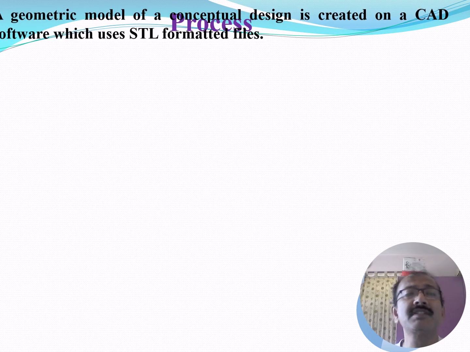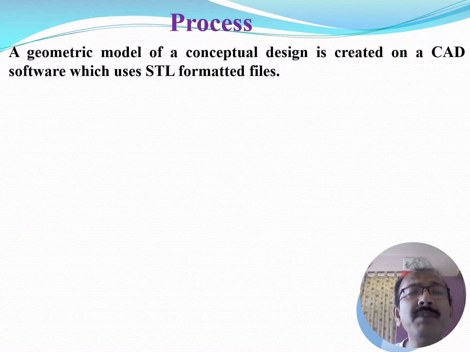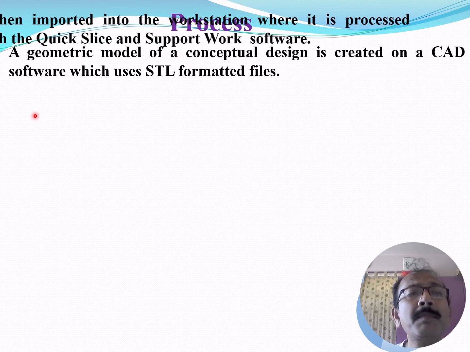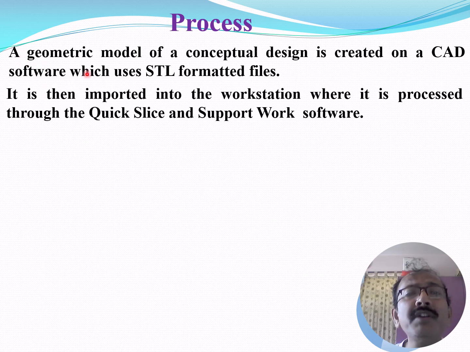Now what is the process? Now I am explaining the process step by step. A geometric model of the conceptual design is created in CAD software, which is an STL formatted file. Already I have explained this in my previous slide and previous lecture.